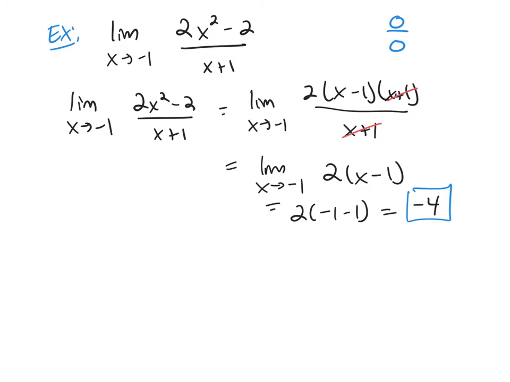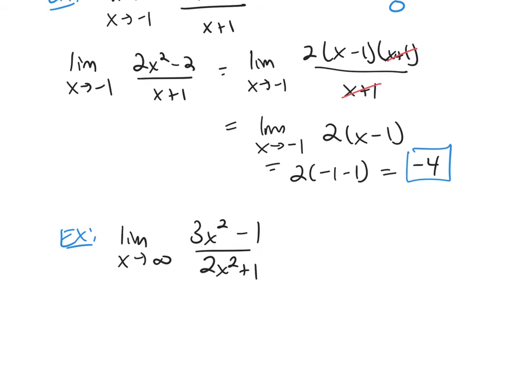And let's look at one more example like we've seen in the past. So let's do a limit at infinity. The limit as x goes to infinity of 3x squared minus 1 over 2x squared plus 1. So in the top I'm getting infinity. In the bottom I'm also getting infinity. That's another indeterminate form.